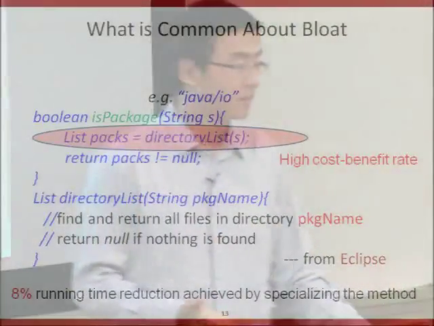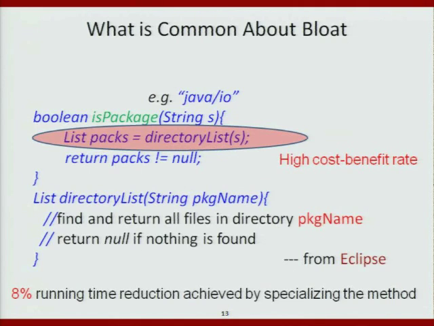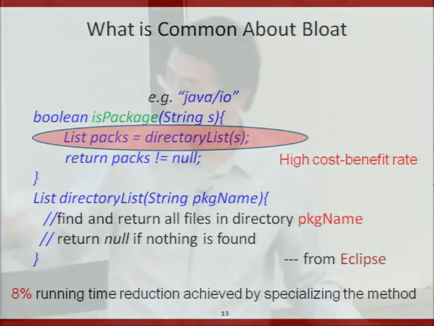The only reason I can see is that the programmer just wants to reuse the implementation of the method directory list instead of creating a specialized, simplified version for it. However, they're never aware that this piece of code can be executed millions of times, and when this list becomes large, it really hurts performance. In fact, by simply creating a specialized version for this method, we were able to reduce the running time of this application by 8%, which is very impressive.